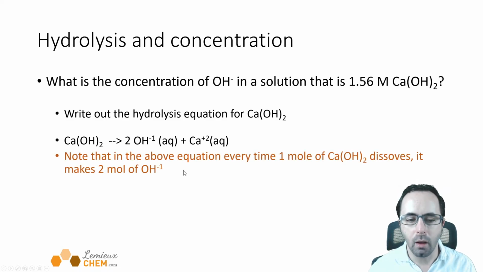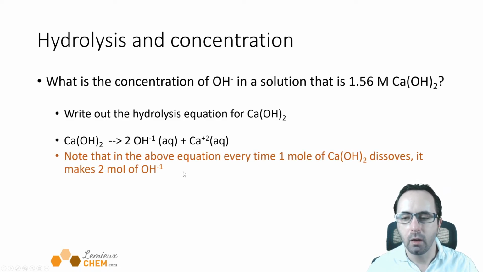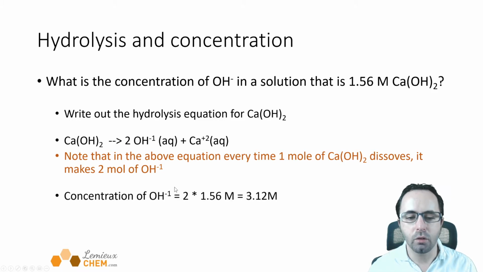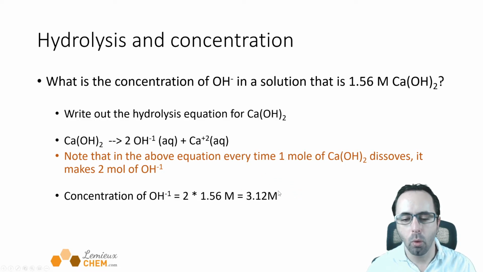So if we want the concentration of hydroxide, we're going to have to take that concentration that we have for calcium hydroxide and multiply it by 2, because 1 calcium hydroxide is going to produce 2 hydroxide ions. So the concentration of hydroxide ions here is 2 times 1.56 molar, or 3.12 molar of hydroxide ions.